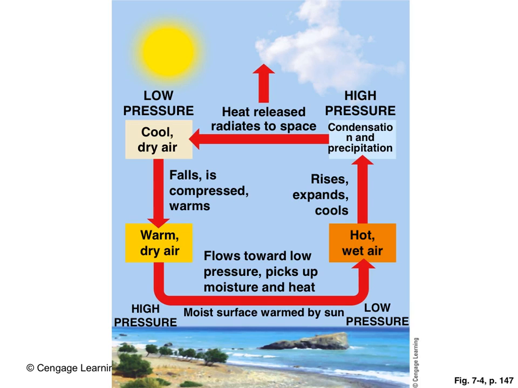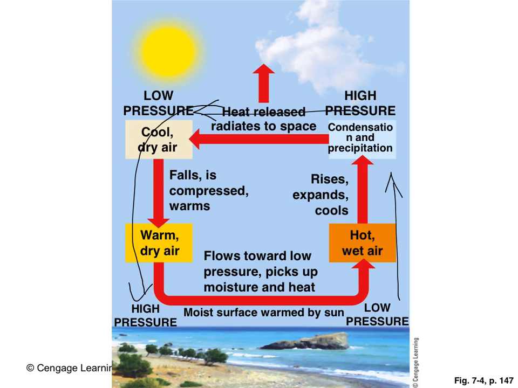What happens, as you know, with the laws of physics is hot air is going to rise. As it rises, eventually it's going to form precipitation because it condenses. Then it's going to cool, and that cool air is going to come back down to the earth. As it cools, we get dry air, and that's associated with warm, dry air.